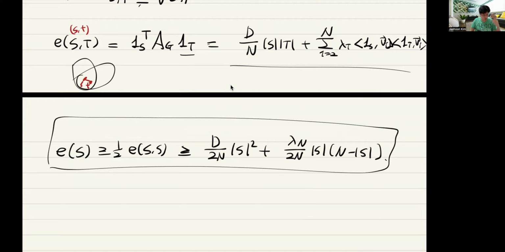Note this is not lambda times n, this is lambda sub n, the smallest eigenvalue. As long as we know the smallest eigenvalue, we can get a lower bound on the number of edges in a specific set. So if this is not too small, then you obtain the locally dense condition.